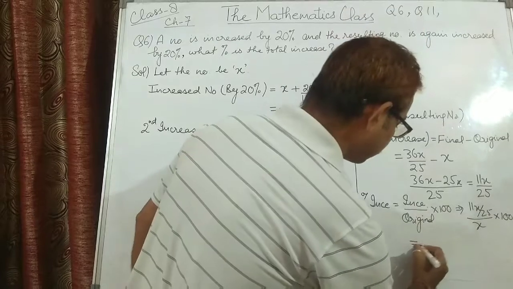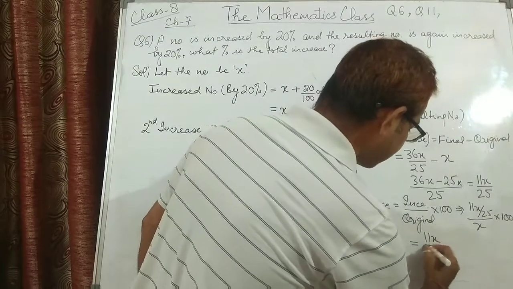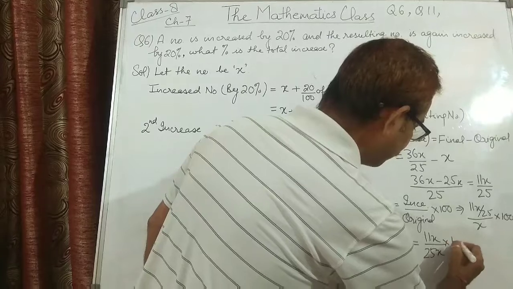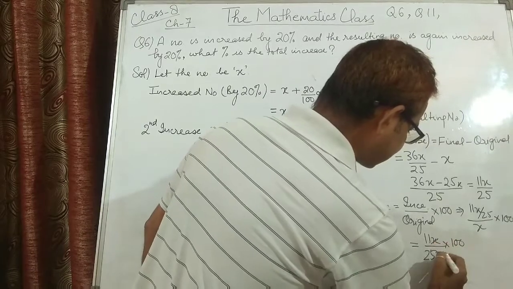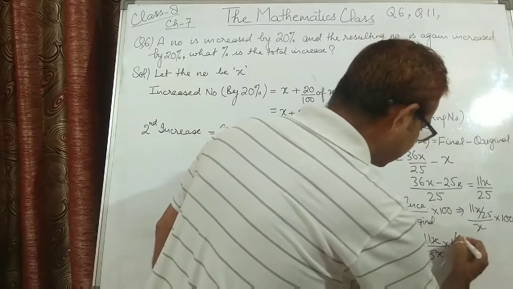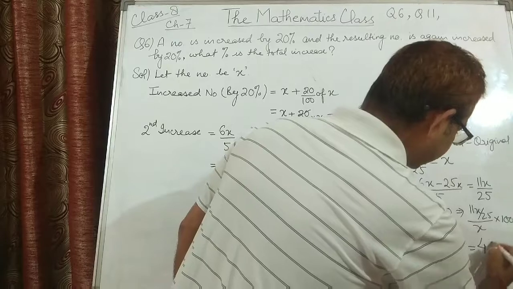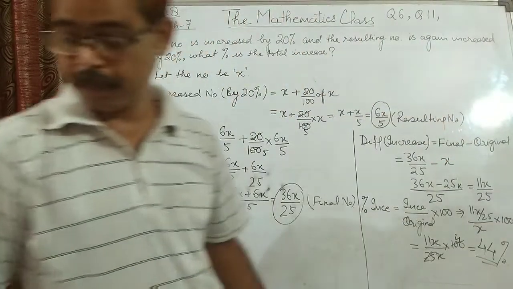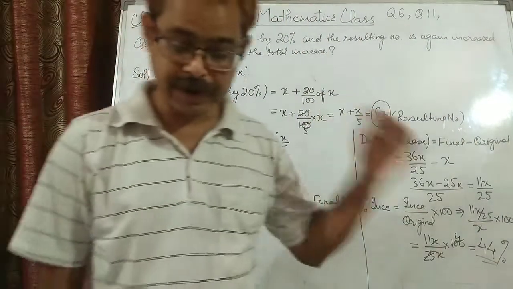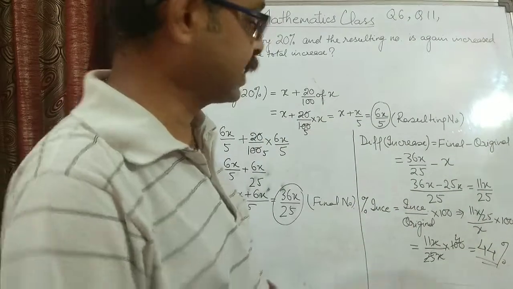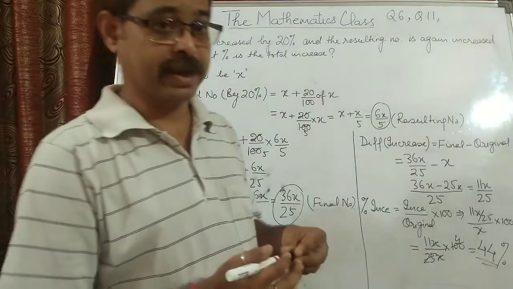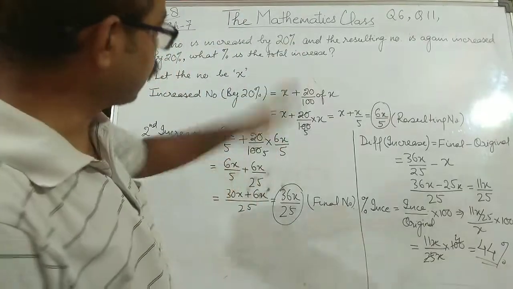Now we will solve it out. This will be 11x upon 25x into 100. x and x cancel. 25 4s are 100. So the total change was 44%. I hope now you would have understood. If still there is any doubt, please comment surely, because I am making this only because of your comments.